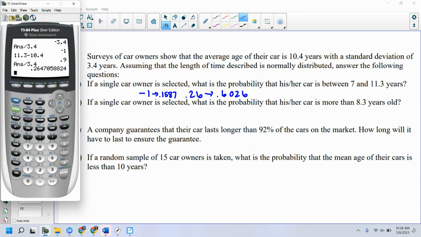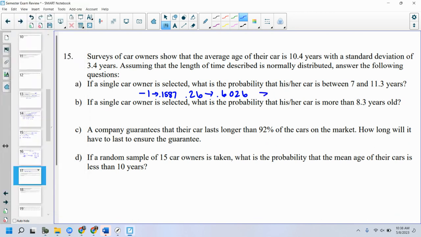Now we take 0.6026 minus 0.1587, and that gives me 0.4439. Good so far?